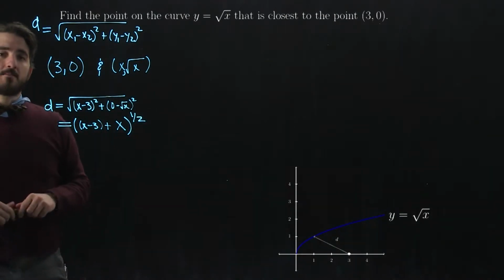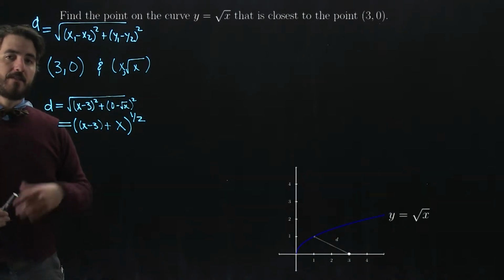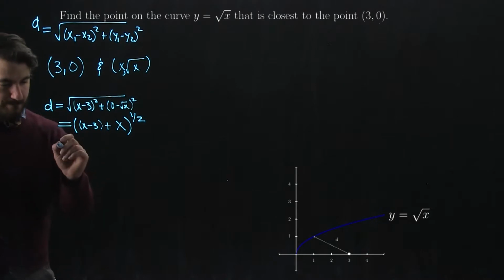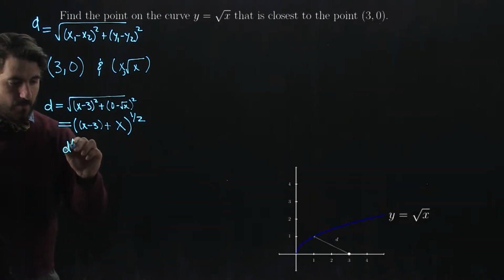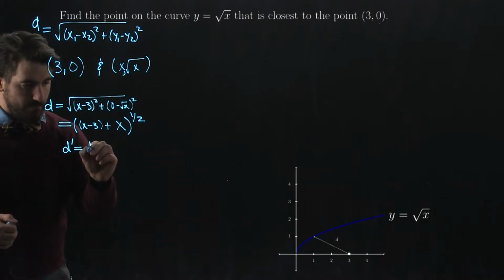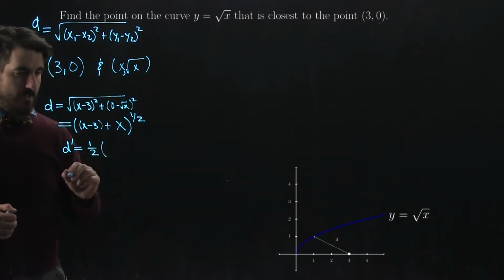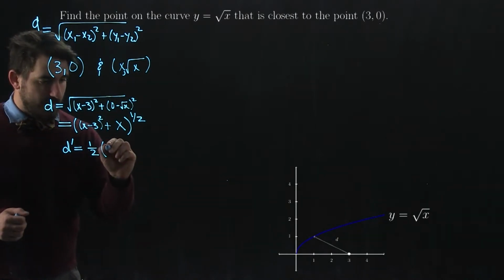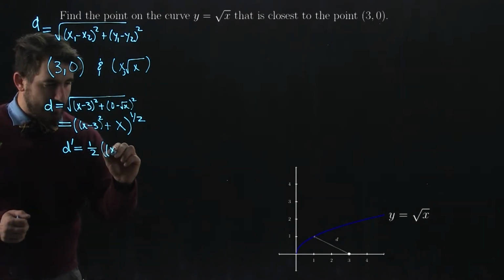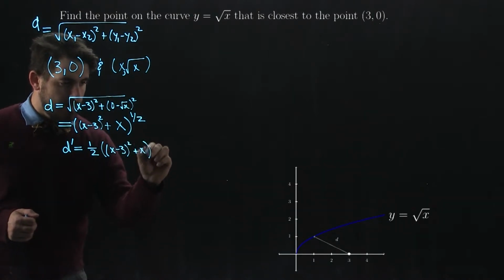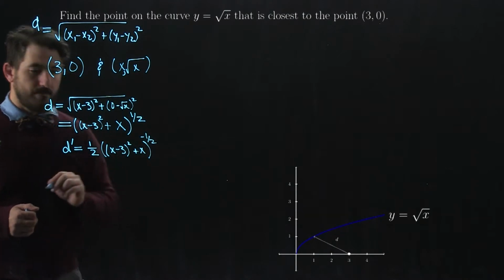Now, in order to optimize this, I'm going to take the derivative and then set that derivative equal to 0. So for the derivative, d prime, we're going to need to use the chain rule. We'll put the 1/2 out front, and rewrite the inside, (x minus 3) squared plus x, to the negative 1/2.